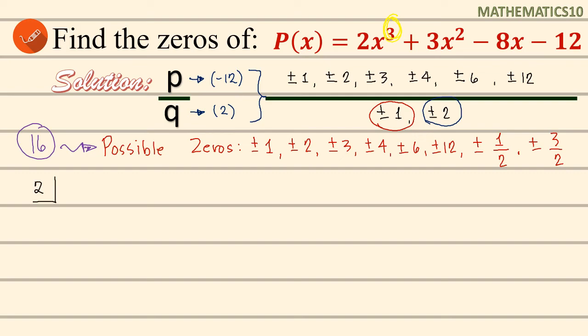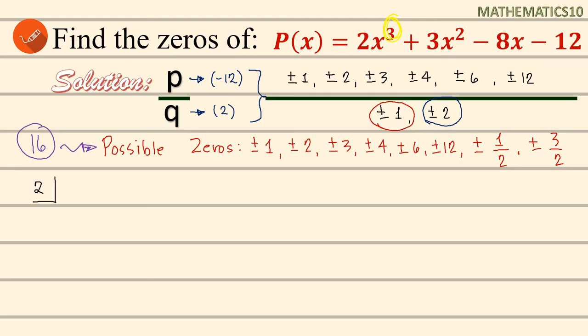Okay, and we are going to list down all the coefficients of the given polynomial function, and of course we really need to check first if the given polynomial function is already arranged in decreasing order, and at the same time, that it has a complete pattern.